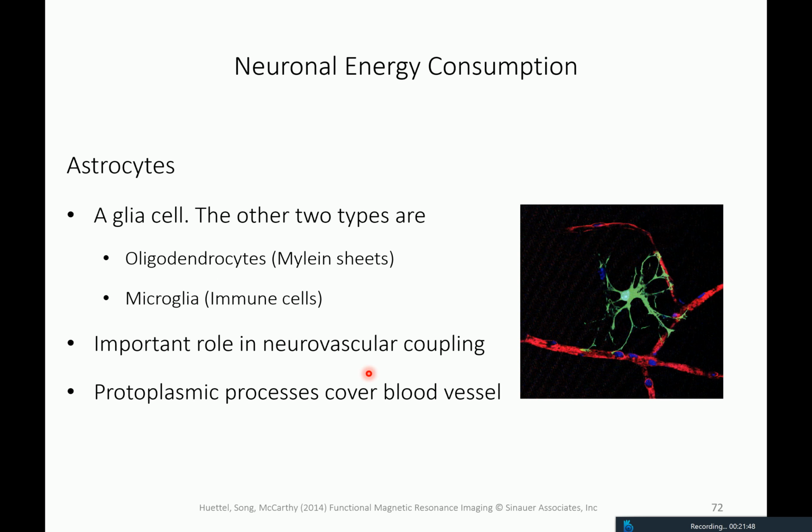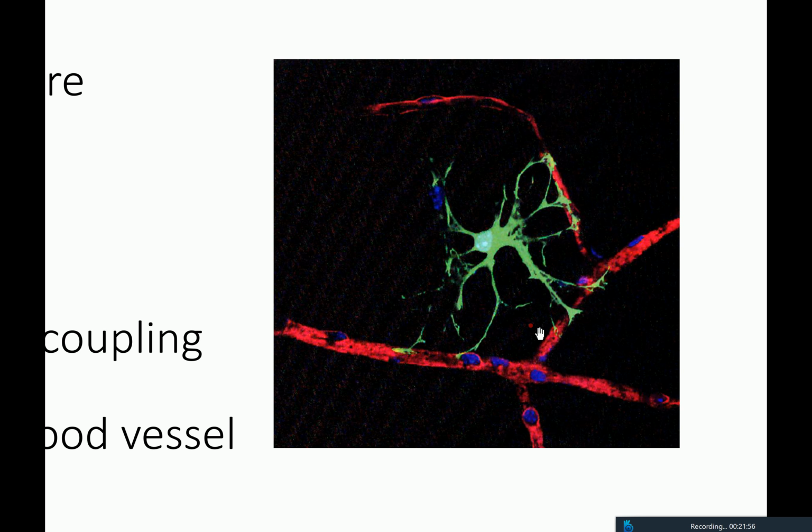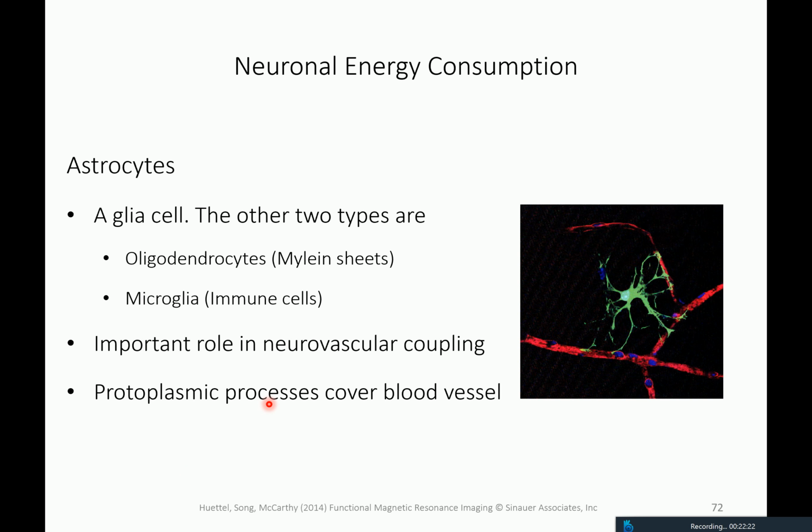They are also, and this is what this picture is supposed to show, well suited to be an intermediary between neural activity and blood regulation, because they cover with their protoplasmic processes, so with their little feet essentially, also small blood vessels, and as we will see in a second, they can also be located quite close to a synapse.